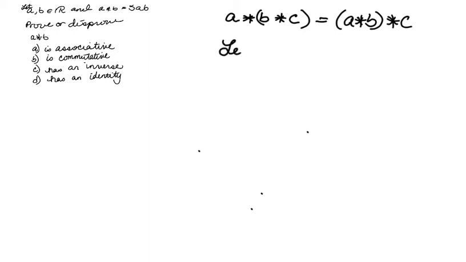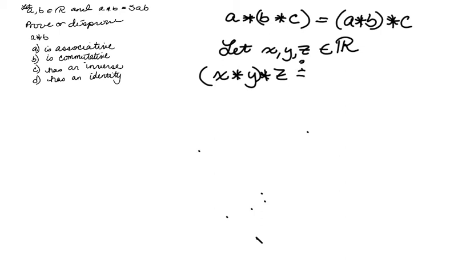I'm going to let three numbers, X, Y, and Z, be real numbers. And I want to see if (X star Y) star Z equals X star (Y star Z).